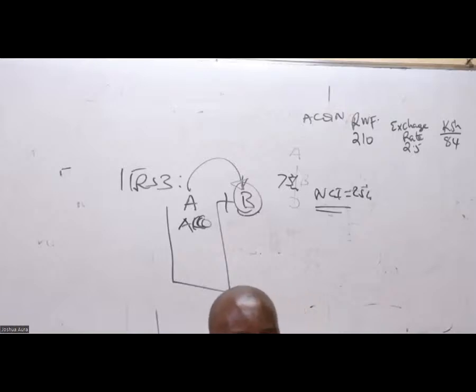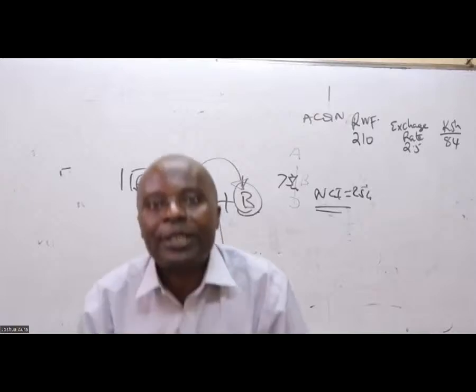We have number 5, accountability and transparency. Integrated reporting aims to enhance accountability and transparency by providing a more complete picture of a company's performance.